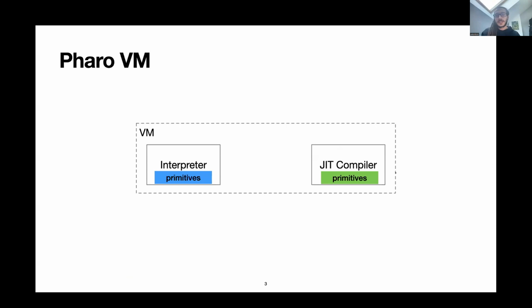And in both cases, we have some primitive implementations, primitives of the language. These two components do different things in different ways, but at the end, they perform some kind of similar logic. If I execute my code, I don't care whether it is executed in the interpreter or in machine code by the sheet compiler, it will perform the same computation.